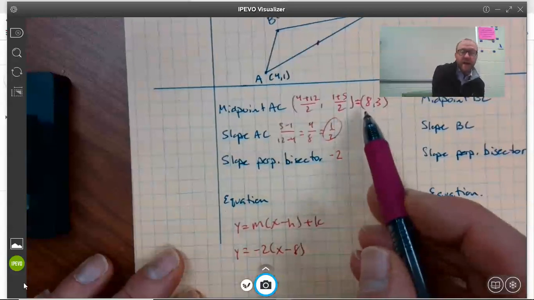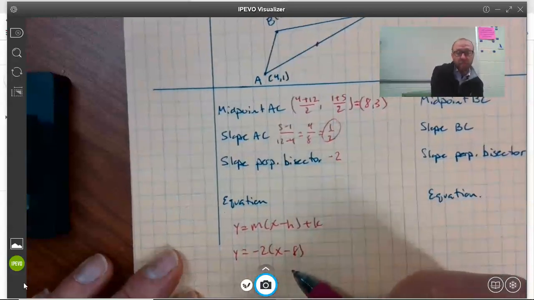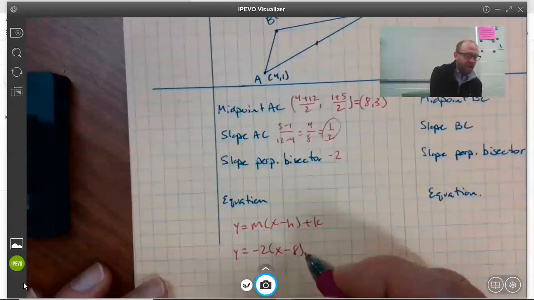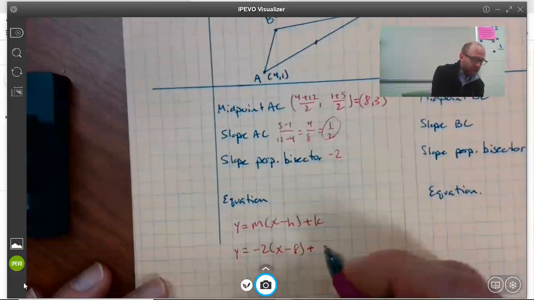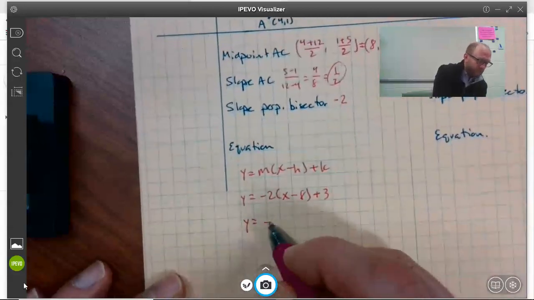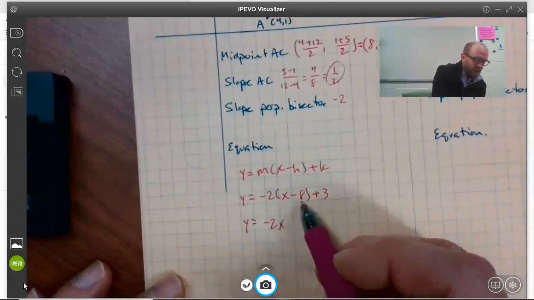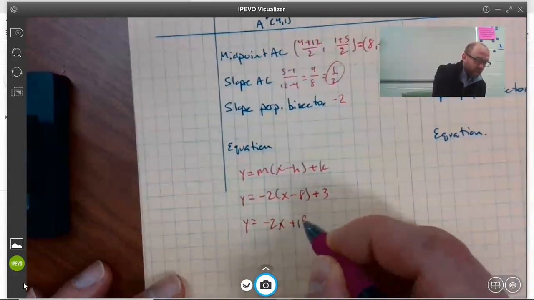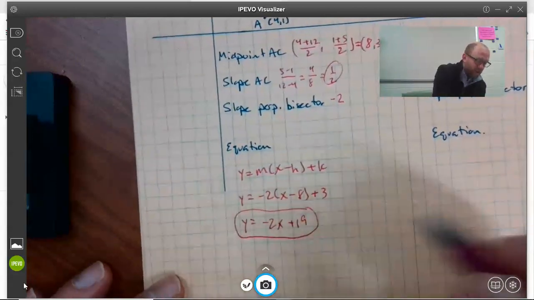Remember, if 8 were a negative 8, by the way, then we'd write x plus 8, x minus a negative 8. But it's positive, so it's x minus 8, plus 3. Now we'll do a little simplifying here. We get negative 2x, negative 2 times negative 8 is positive 16, plus 3 is plus 19.